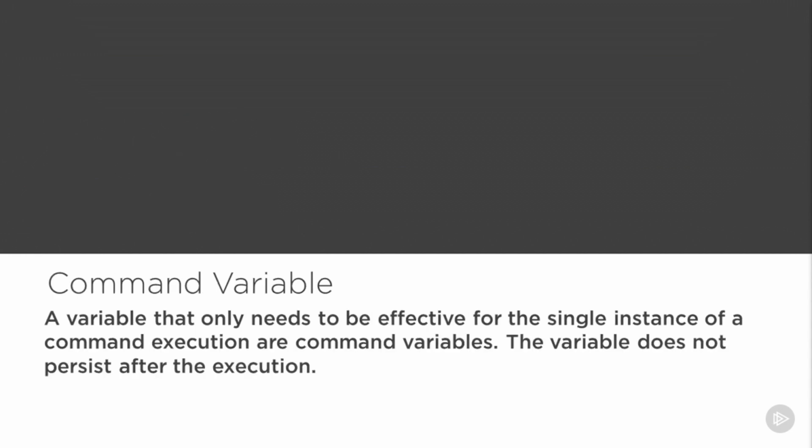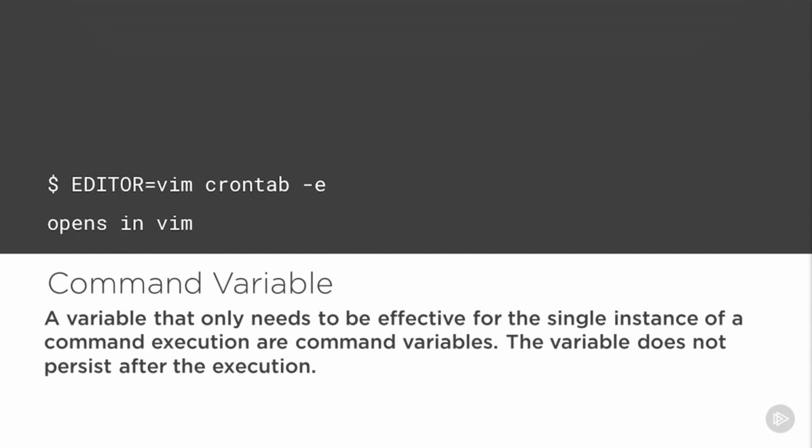Now, if we don't want to set the variable permanently, we can set something that we can call a command variable. The variable now is only effective for the instance that this command is run. Only this command, and it doesn't persist after the command has completed. So we can see then that the command line starts off with EDITOR=vim, setting the variable just before we run the command.